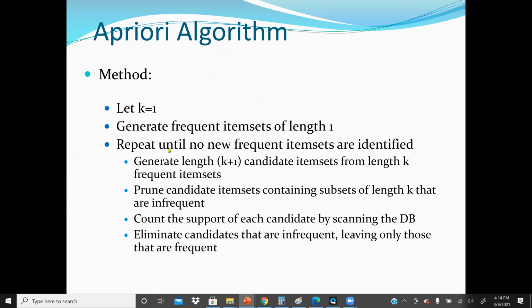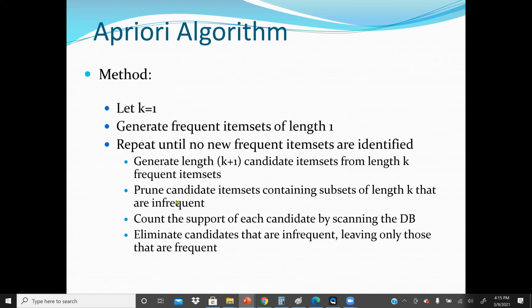So here we say repeat until no new frequent item sets are identified. Then we generate the length k plus 1, so we move to 2, and we do the same steps again. We prune the candidate item sets that contain a subset of length k or less which is infrequent.